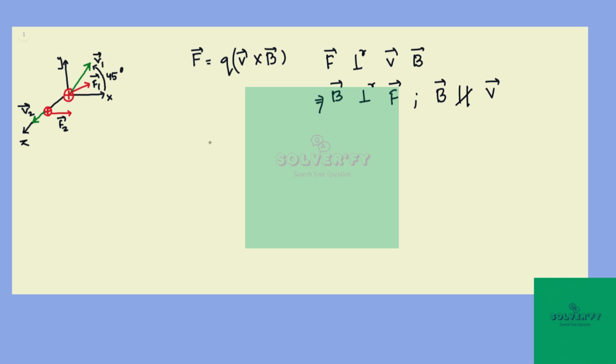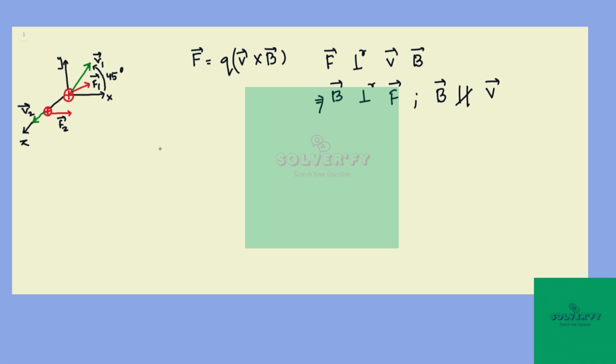Using this information, let's consider F2, because the magnetic field is constant in the total system.